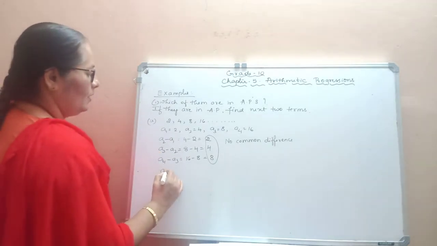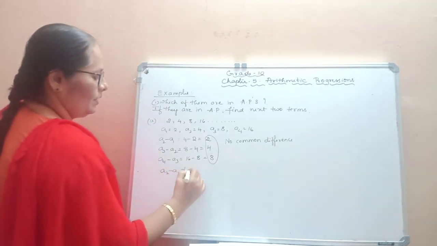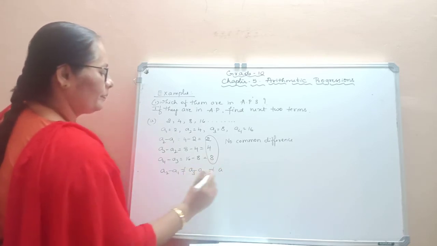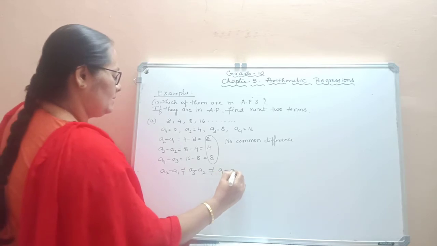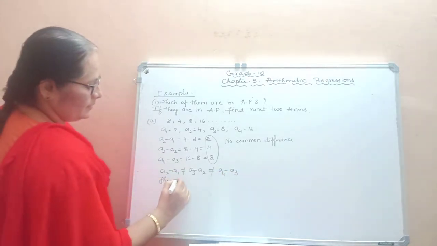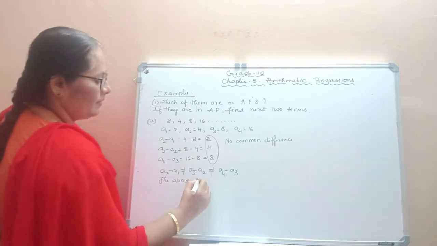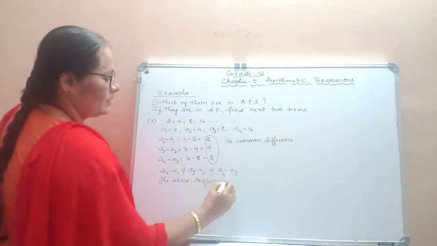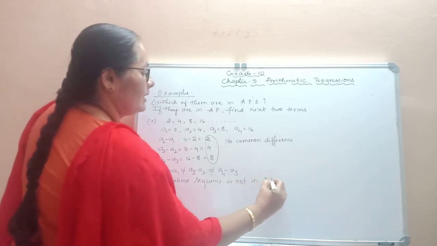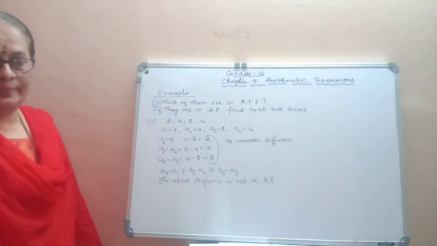So, A2 minus A1 is not equal to A3 minus A2, not equal to A4 minus A3. It means that the above sequence is not in arithmetic progression, not in AP.